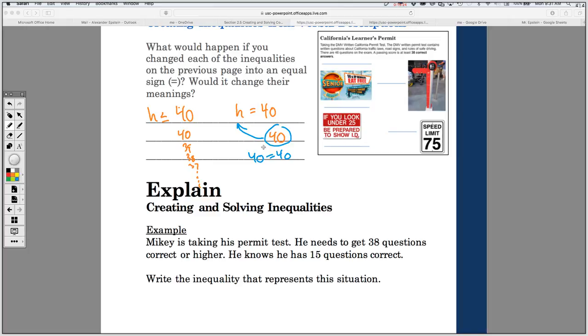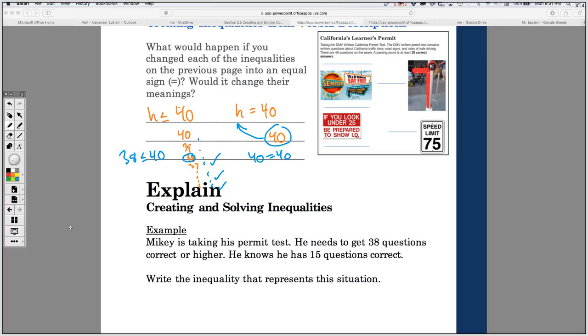Same thing as these lists. I could pick any number below 40, plug it back in, and I'll get a true statement. Is 38 less than or equal to 40? Yeah. So any number I pick here would be a true statement. That's the difference between the two, is how many answers you get.